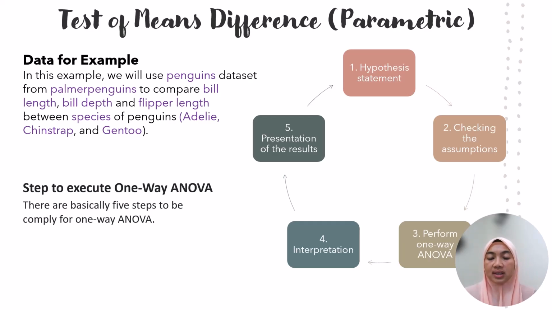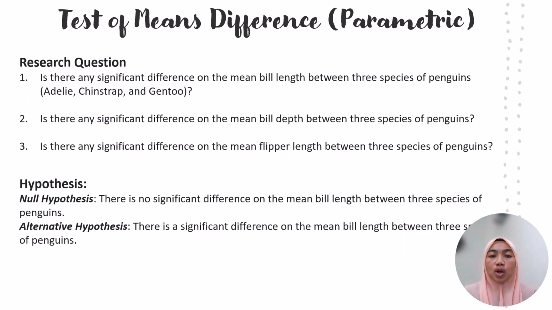Number 4 is the interpretation, and the last is presenting our results. In the first step, we come up with the research questions and the hypotheses. There are 3 research questions, each with a null hypothesis and an alternative hypothesis.